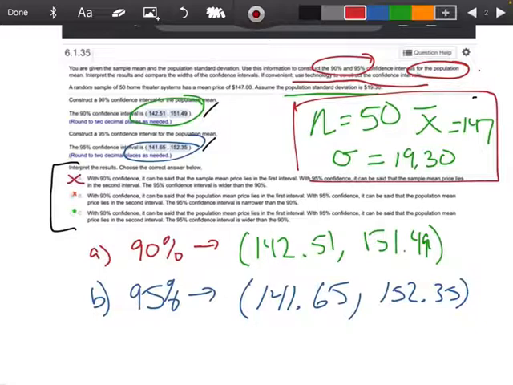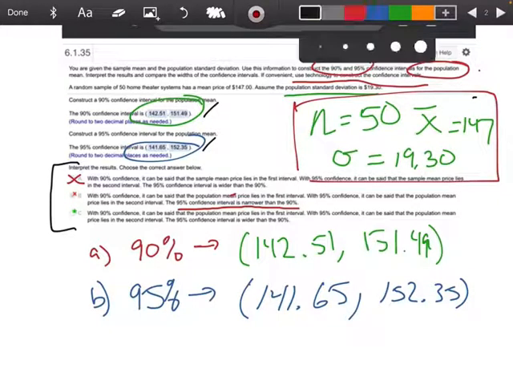Okay, so now let me look at part B. It says with 90% confidence, it can be said that the population mean, yes, that's good so far, lies in the first interval. With 95% confidence, it can be said the population mean lies in the second interval. And it says the 95% confidence interval is narrower than the 90% confidence interval. So that's going to be the difference between choice B and choice C.